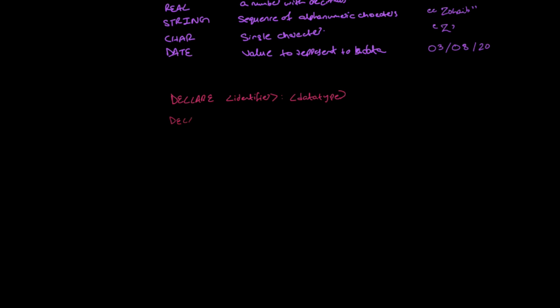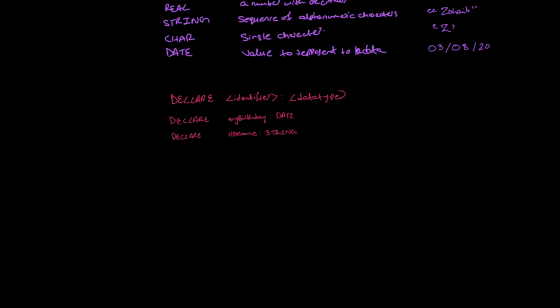I'm going to use the keyword declare. It can be my birthday, and since it's my birthday, I'm going to give it the data type of date. Apart from that, I'm going to declare username. A username is usually a string, so something like this.